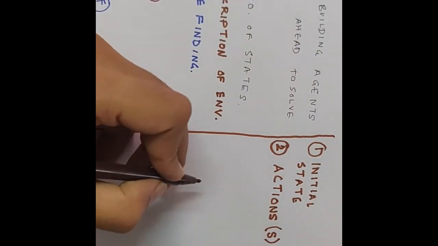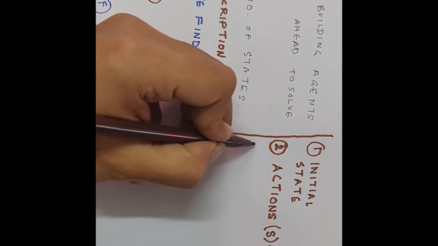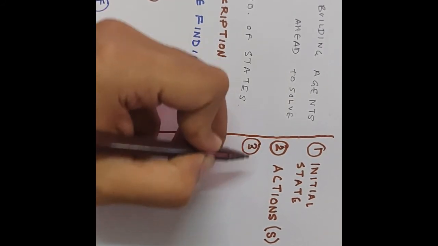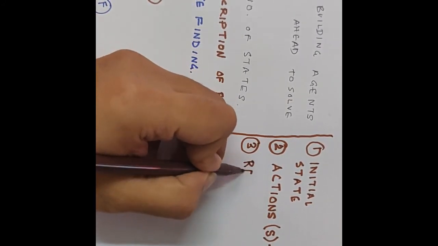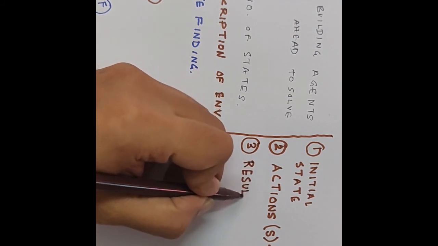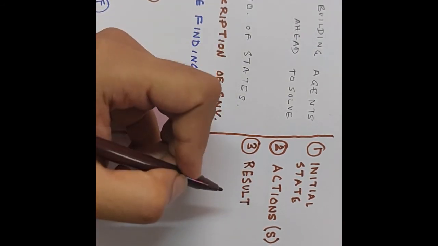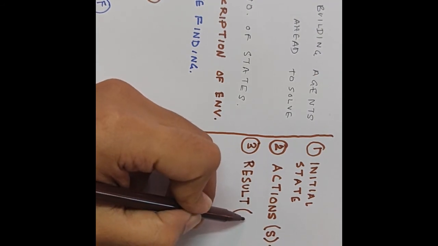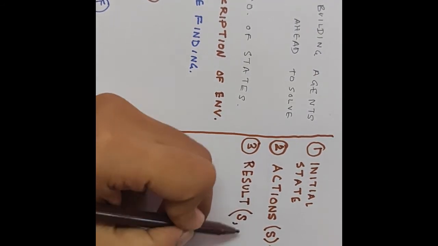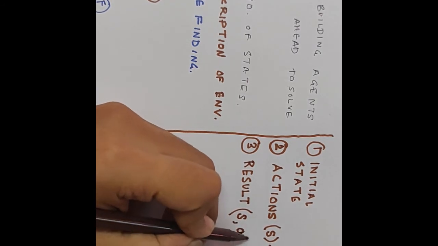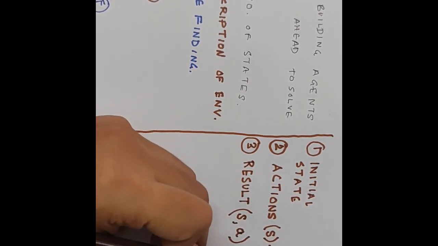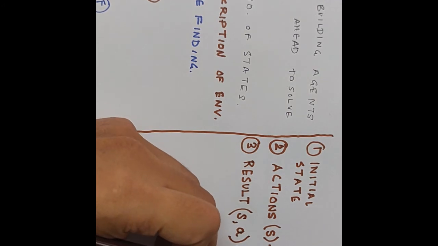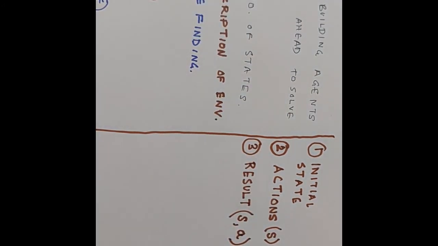Okay. What is the third component now? The third component is result. It takes as argument a state S and an action A and returns me a new state. What do I mean by that?